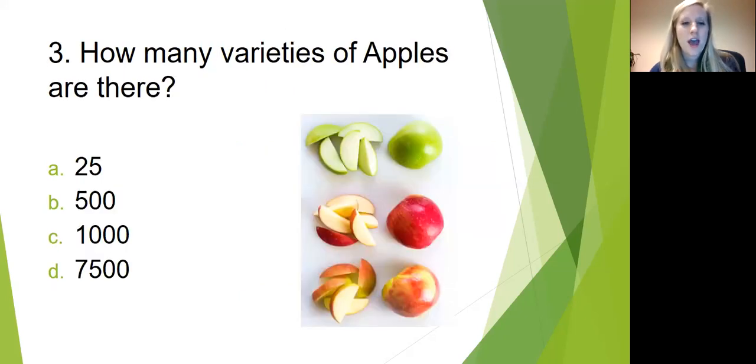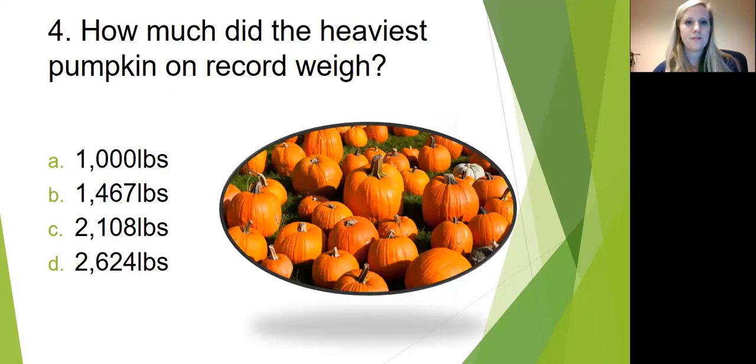Question 3. How many varieties of apples are there? Is it A, 25, B, 500, C, 1,000, or D, 7,500? Question 4.